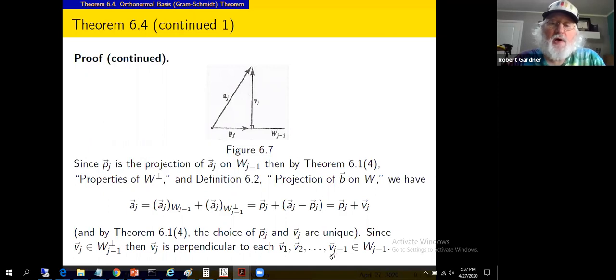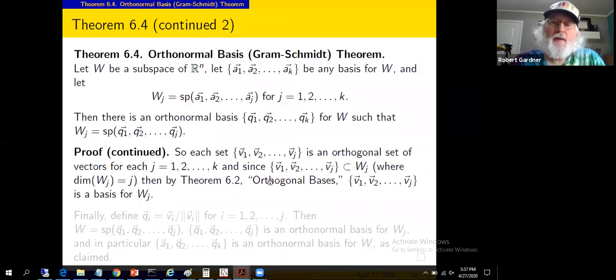All right, so we're finding along the way an orthogonal, not orthonormal, but orthogonal basis for W sub j minus 1. All the V's are perpendicular to each other by the recursive construction. And V1 through V sub j is an orthogonal set of vectors.